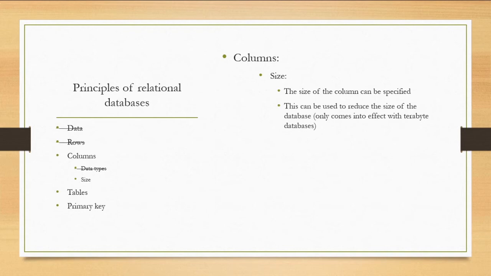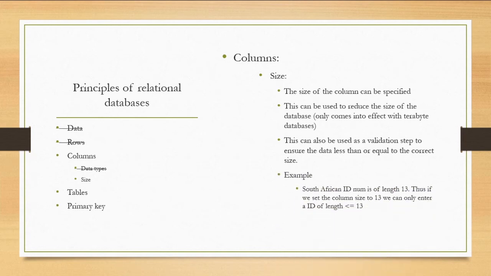It only comes into effect with very large databases. In small databases, the size does not really matter that much. This can also be used as a validation step to ensure the data is less than or equal to the correct size. Example, the South African ID number is of length 13. Thus, if we set the column size to 13, we can only enter a length of ID less than or equal to 13.